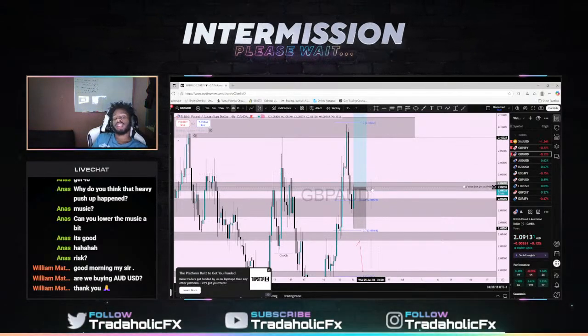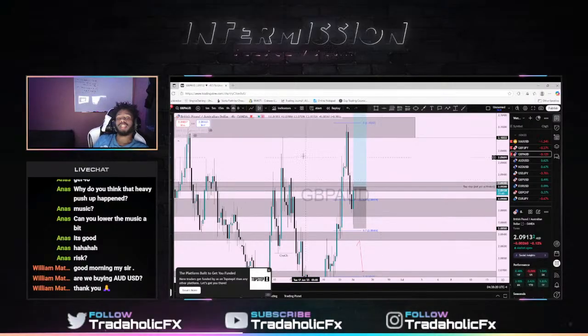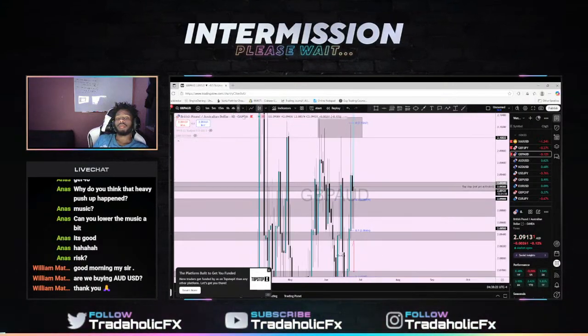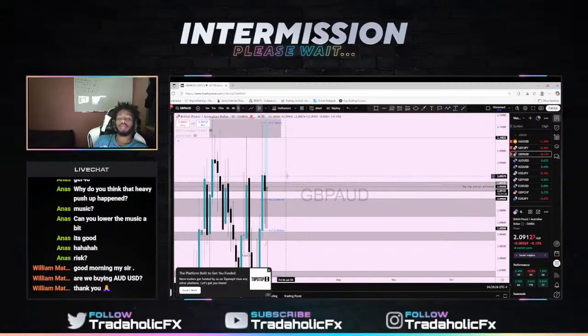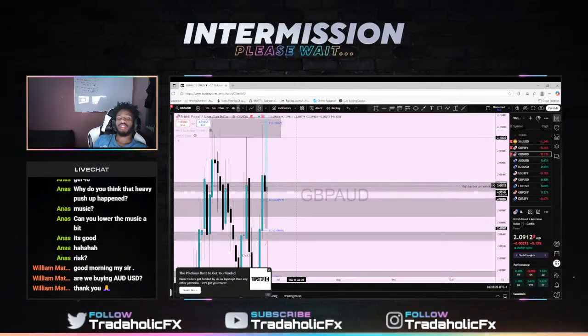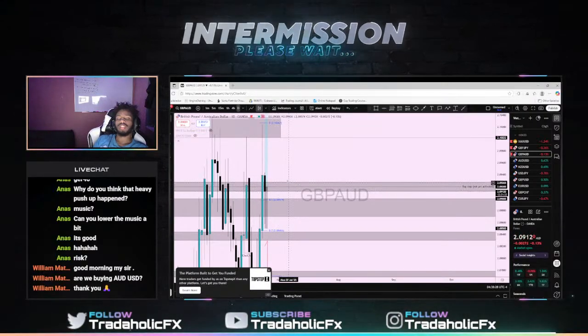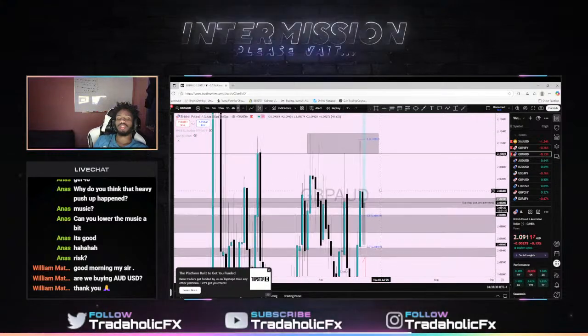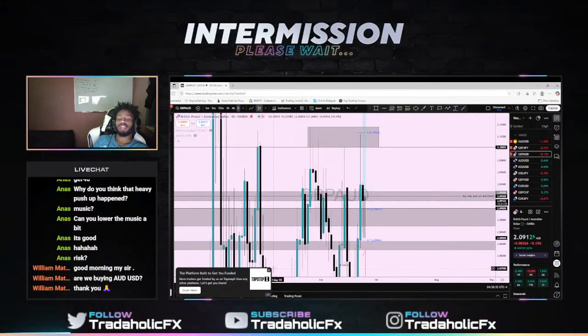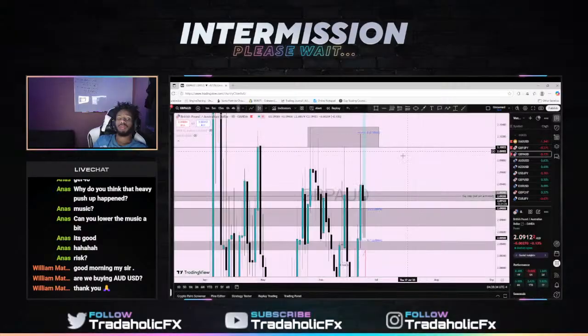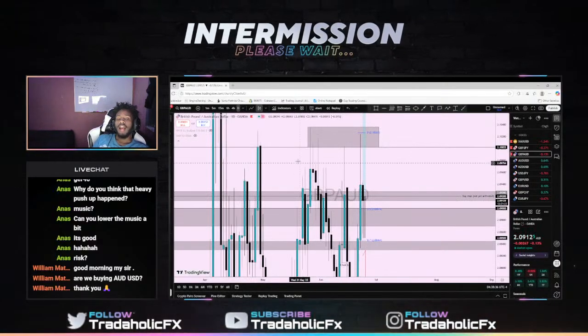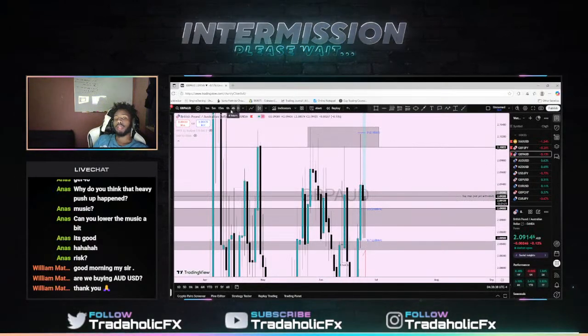Alright, I got an idea about this trade, chat. This is my idea. Because we look like we may be rejecting off this level. Alright, let me stop getting ahead of myself. Because we look like price wants to reject this level, I have to think of it from a seller's perspective.